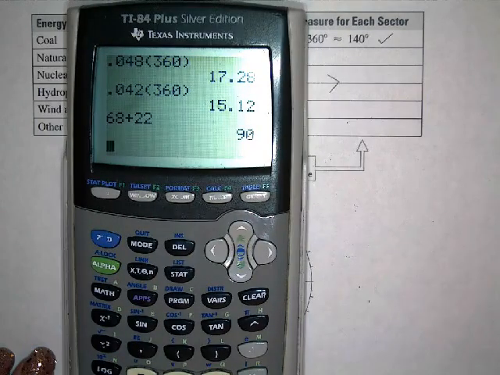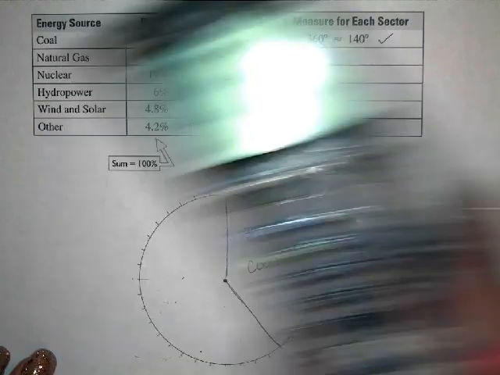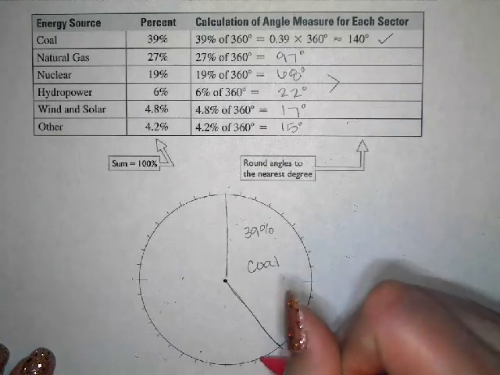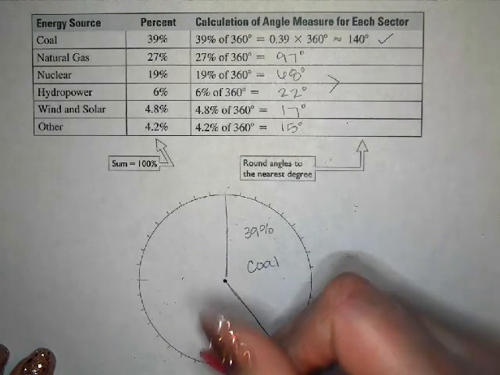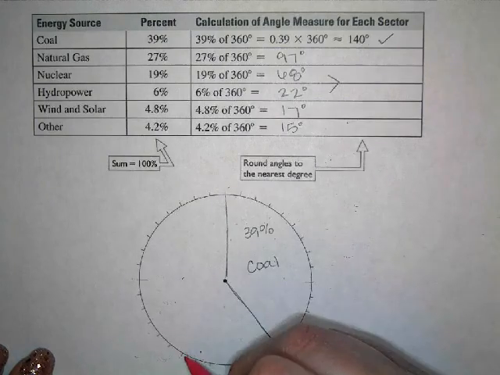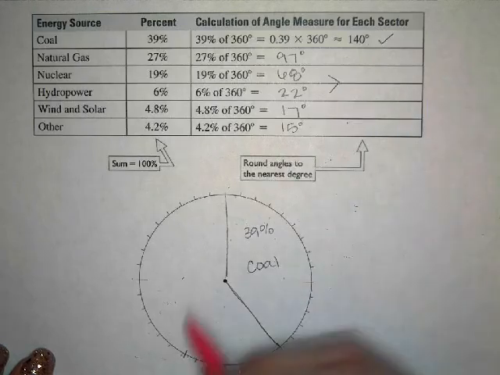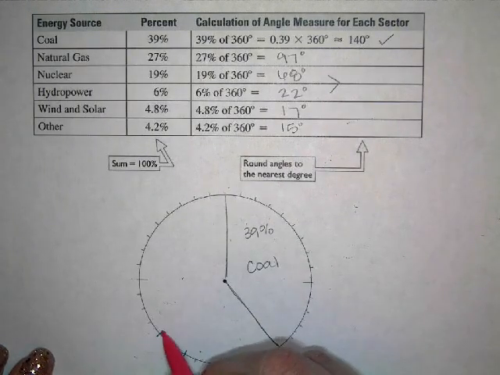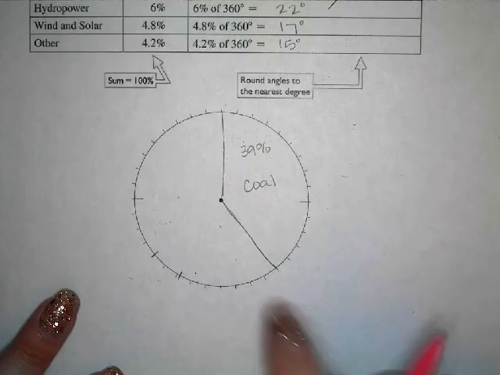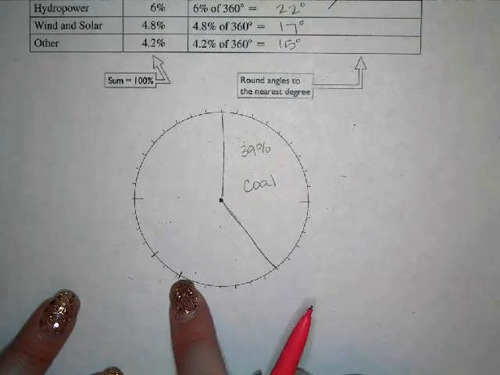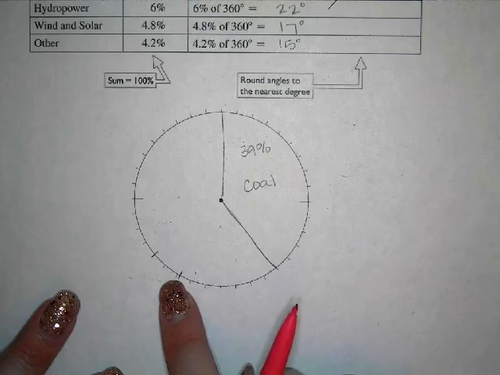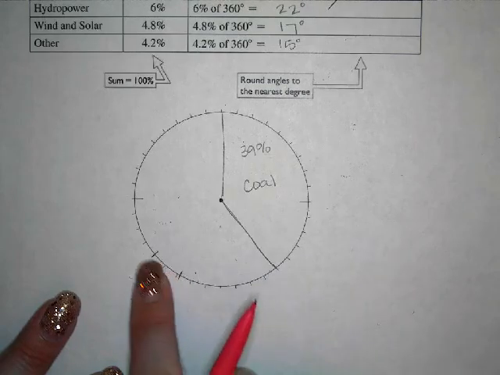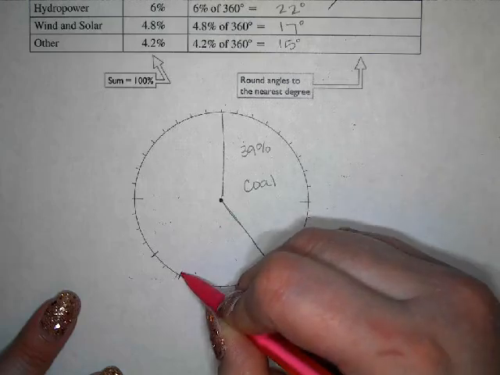So I'm going to count 10, 20, 30, 40, 50, 60, 70. I'm going to do 2 degrees less than 70, 80, 90. So here's my 68, 2 degrees less than 70. There's my 68. There's my 22. 68 degrees, 22 degrees.